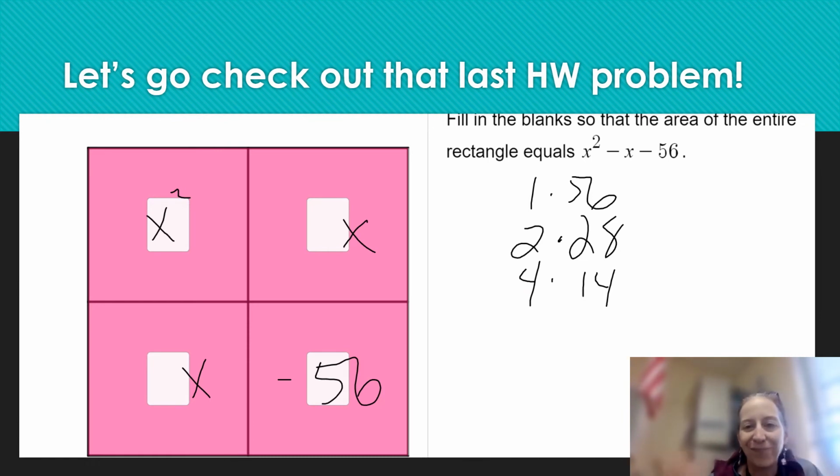So 7. Okay, now you either know this or you don't know this, but if you don't, you do 56 divided by 7, and 7 does work. And I get 7 times 8. Now, once you hit the spot where your next number would be a repeat, you know you have all of them. So just like when we did the 12 and we did 1 times 12, 2 times 6, 3 times 4, okay?